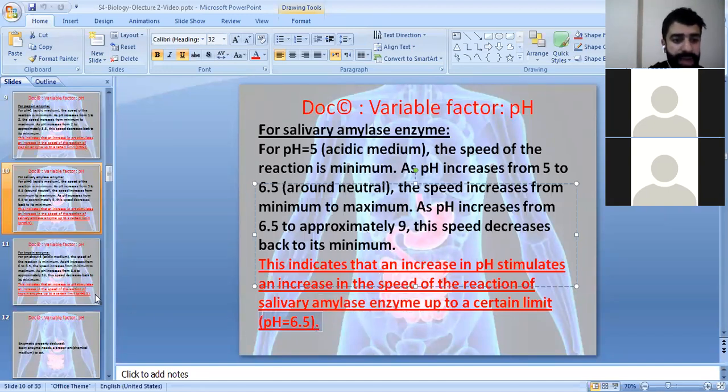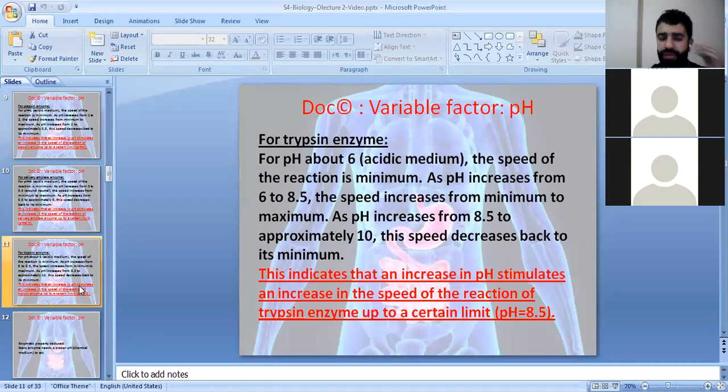So let's talk about the variable factor, pH, for the trypsin enzyme. For the trypsin enzyme, at pH equal to 6, the speed of the reaction is minimum. As pH increases from 6 to 8.5, the speed increases from minimum to maximum. As pH increases from 8.5 to approximately 10, the speed decreases back to its minimum. So what does this indicate?